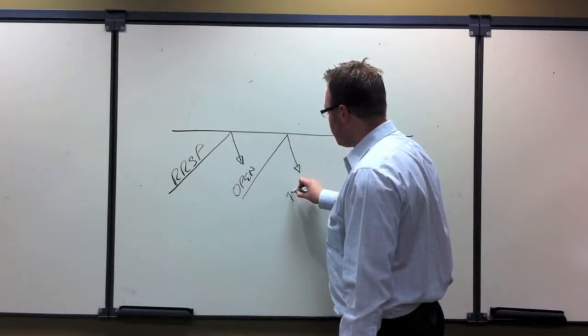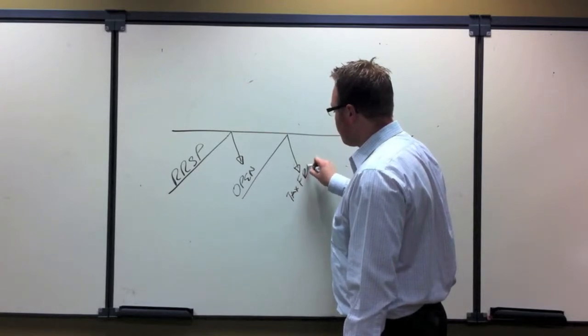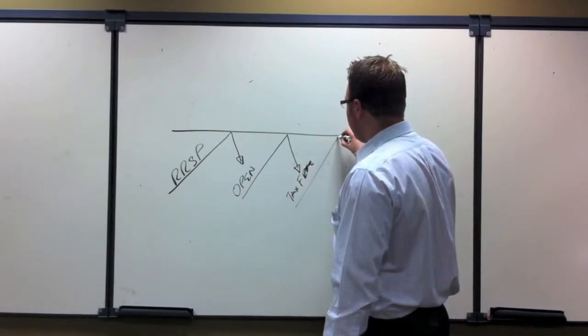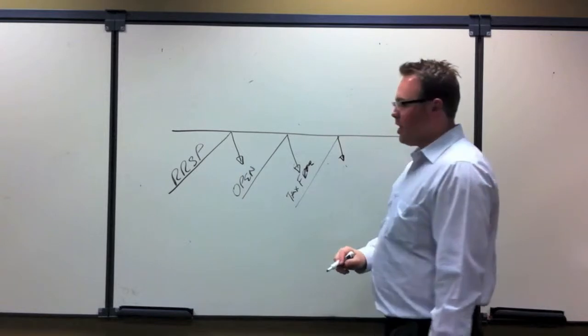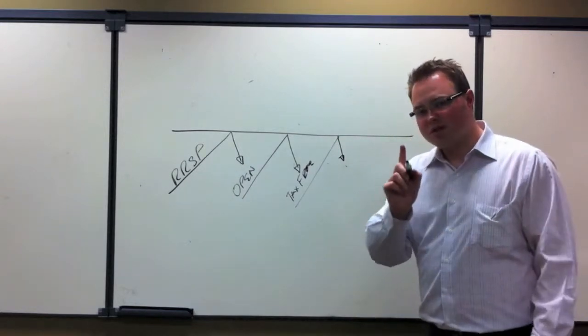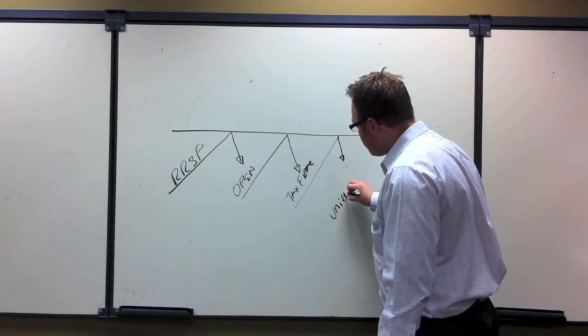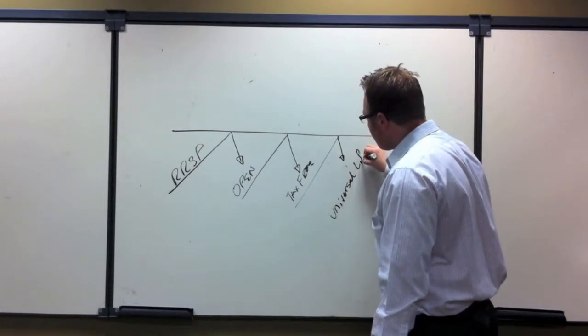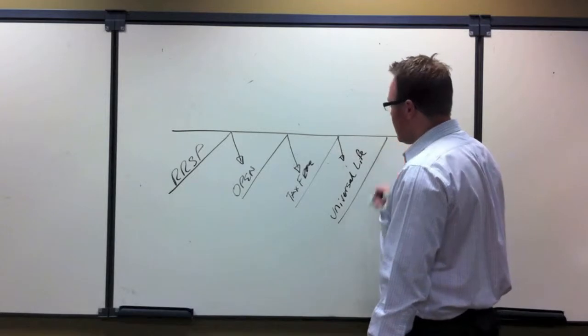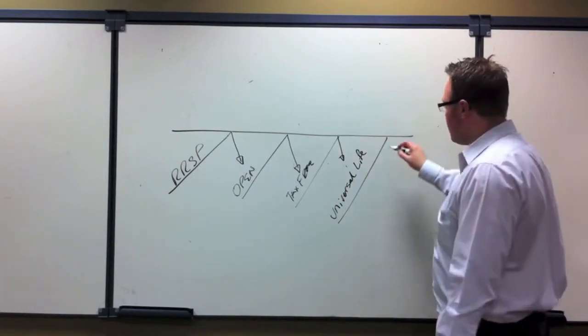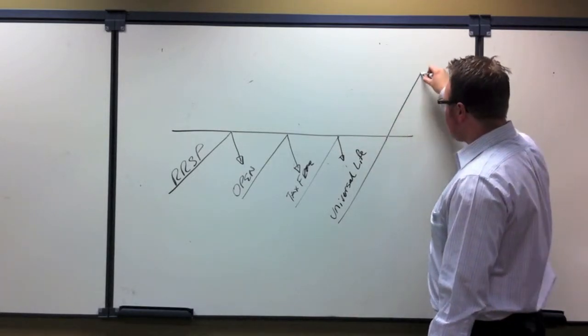Tax-free savings accounts: same deal. Grow your money, and you have to take it out. But universal life is different. You see, because universal life, you can grow your money, and you can accumulate it, but you don't actually take it out in retirement.